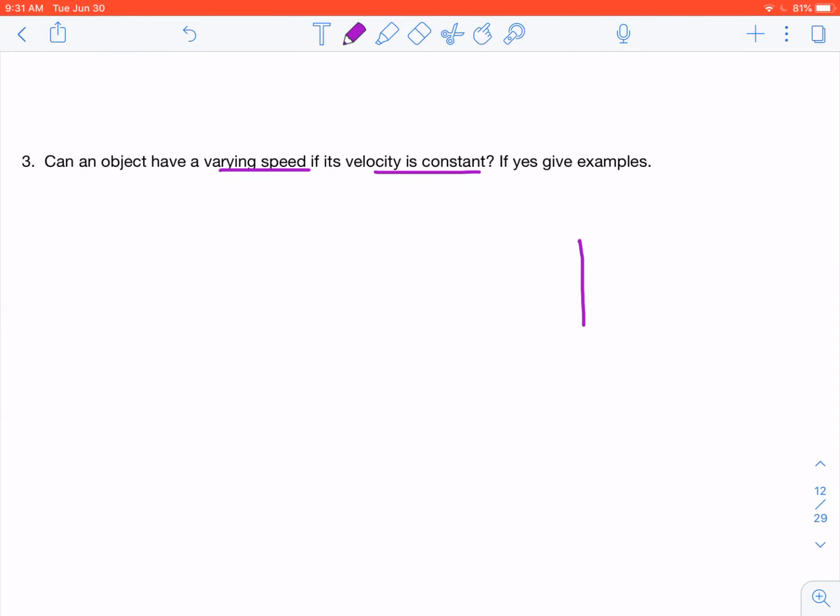What's being asked is, if I have a velocity time graph and the velocity is constant, can its speed be varying? As you can see, the velocity is constant, and speed is essentially the magnitude of the velocity. So in this case, we say no.